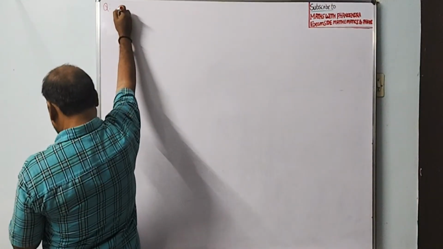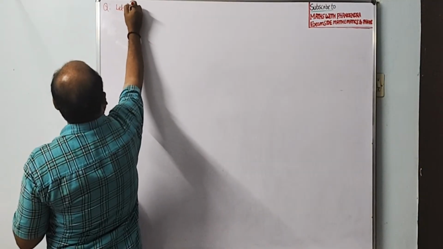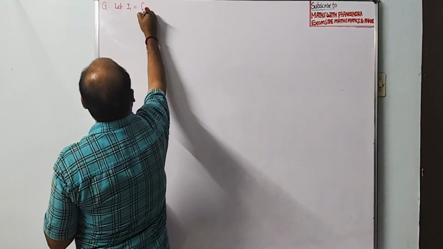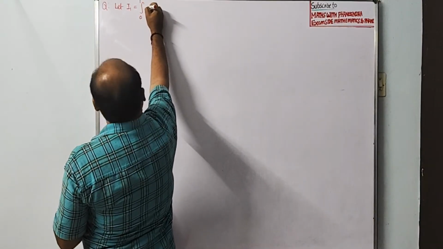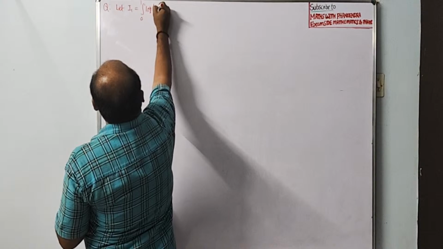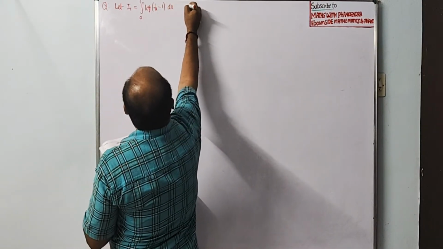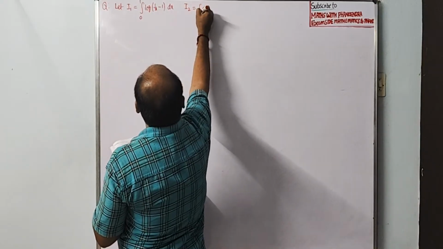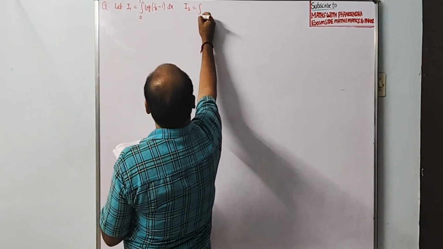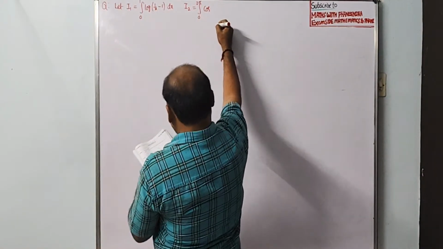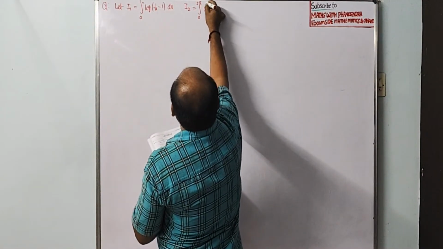Here the question is, let I1 equal to integral 0 to 1 of log of 1 by x minus 1 into dx. I2 equal to integral 0 to 2 pi of cos power 6 x into dx.